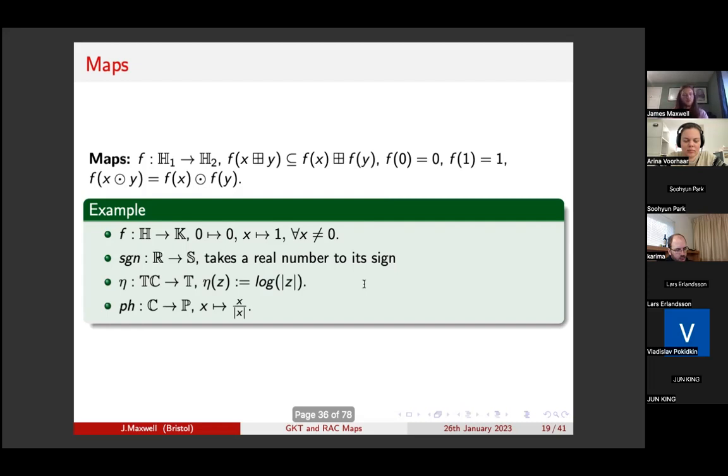And a final one which I'll introduce is this phase map, which goes from the complex numbers to the phase hyperfield. It just looks at how far around the circle we are. All of these maps can actually be viewed as quotient maps, but I won't go into too much detail about that. It's reducing some structure and remembering some other structure.